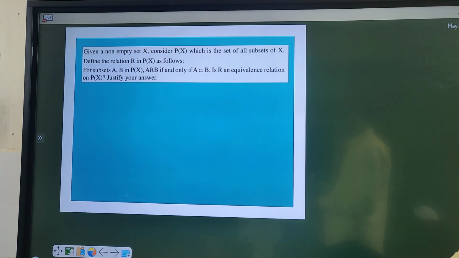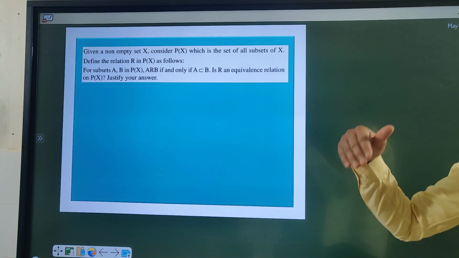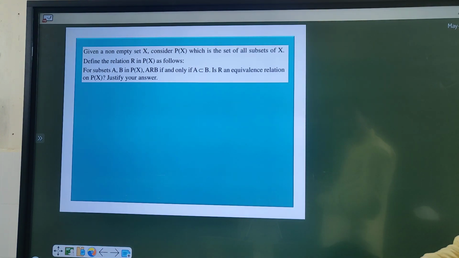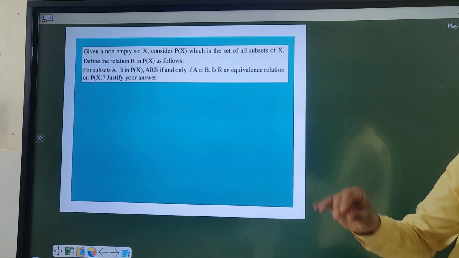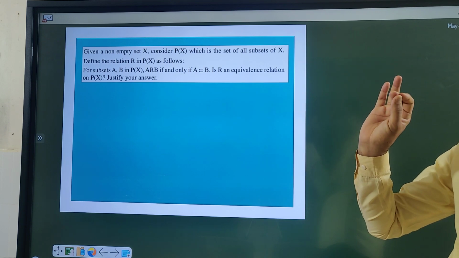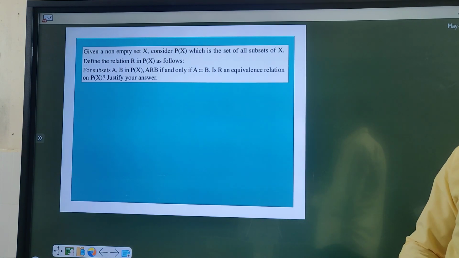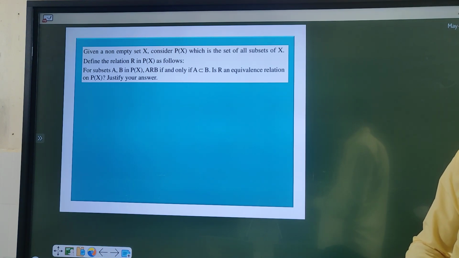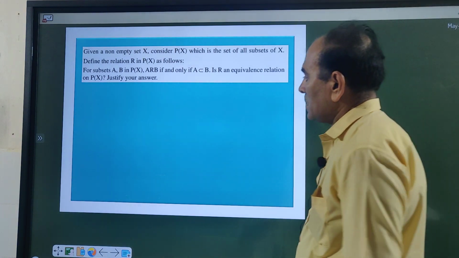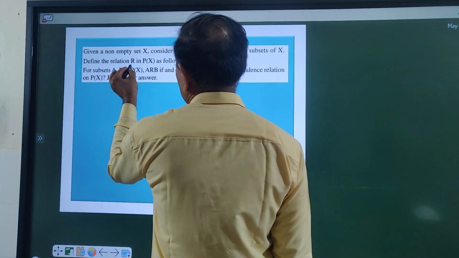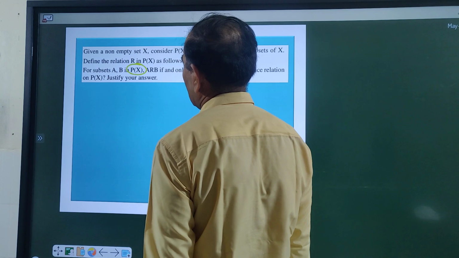Given a non-empty set X, consider P of X, the set of all subsets of X. Define a relation R in P of X. See, up to the starting sums 1 to 8, there are some based on functions. Now see, this sum is based on relation. See, P of X is nothing but the power set of X. Clear?